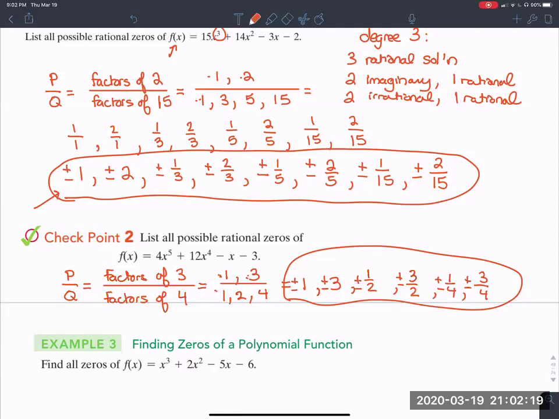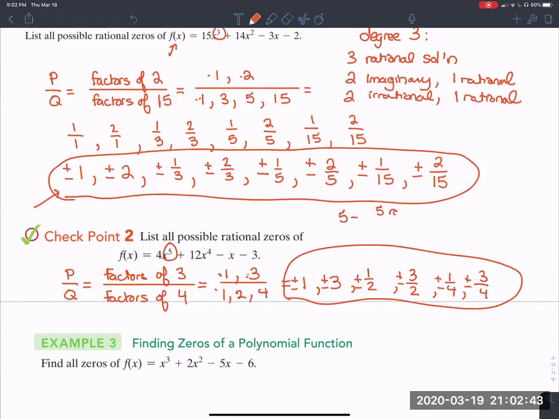Now, remember, this is a degree 5 polynomial, so that means we have 5 complex roots. That means they can be rational, irrational, or imaginary, and there's a whole host of possibilities. Remember, imaginary and irrational come in pairs. Rationals can be single.